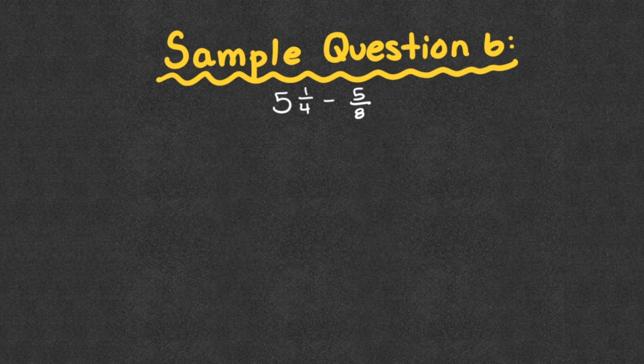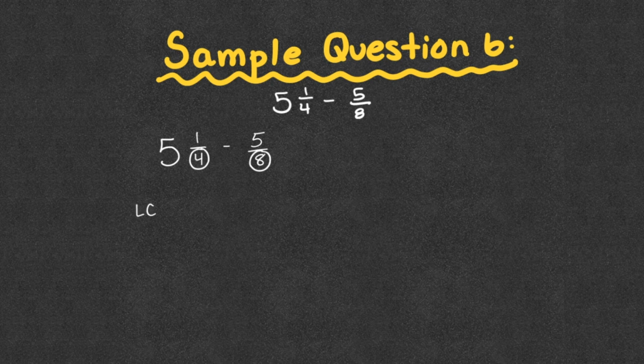All right, so let's look at sample question number 6. We have 5 1/4 minus 5/8. I'm going to show you one method here before we subtract. What I like to do is take our 5 1/4 minus 5/8 and focus on just the fractions first.